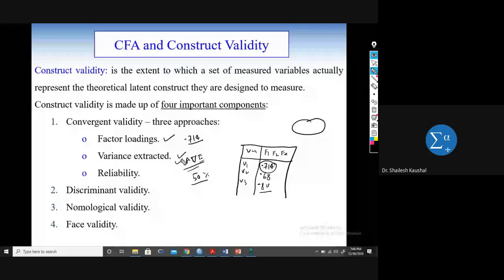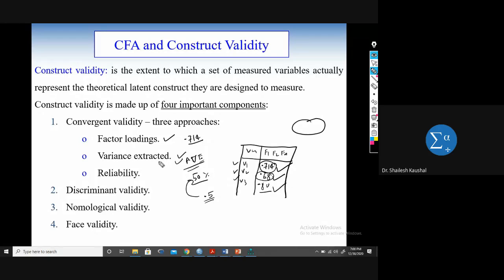Average variance extracted means the square of each factor loading, added together and divided by the 3 questions. This should be greater than 0.5, or 50%. So if an individual variable's factor loading is less than this, there is no problem.